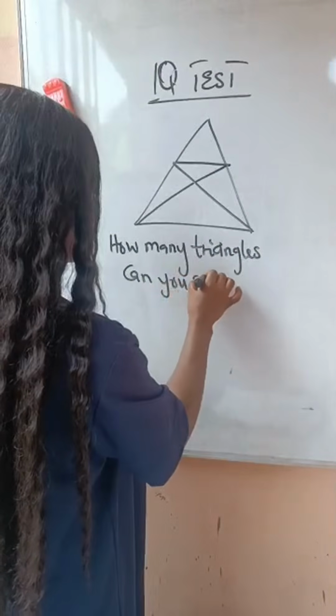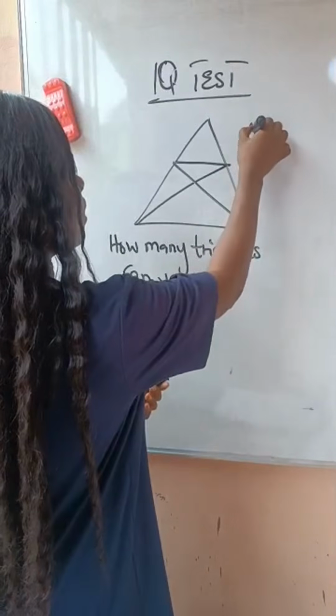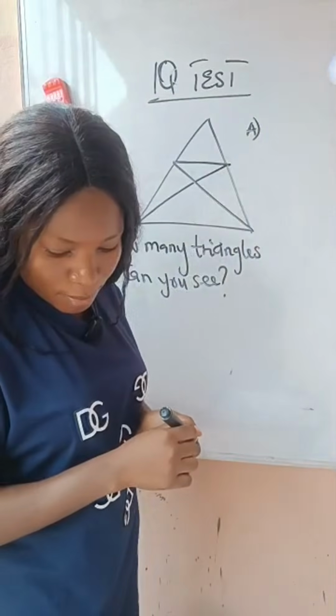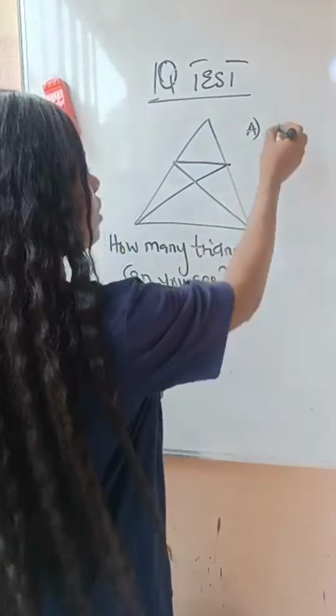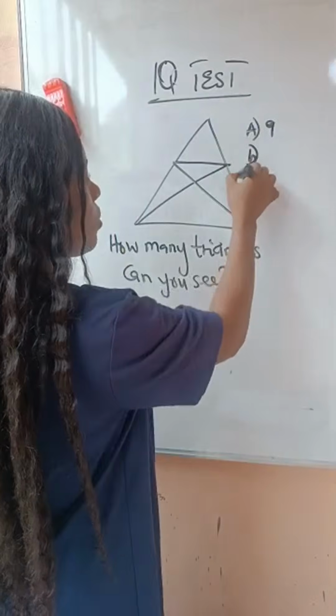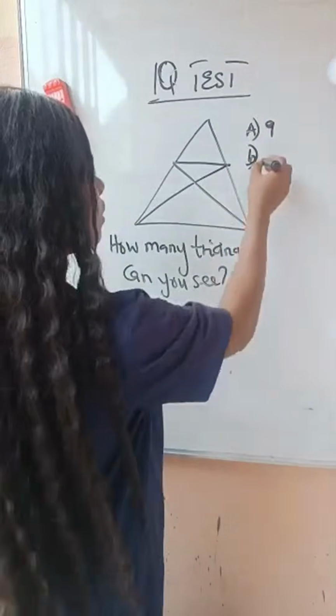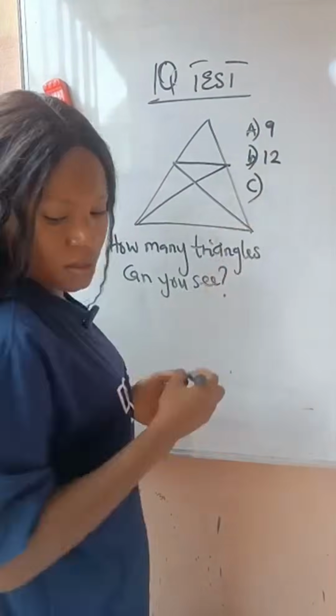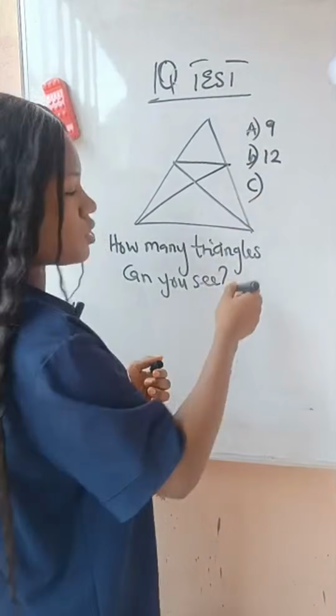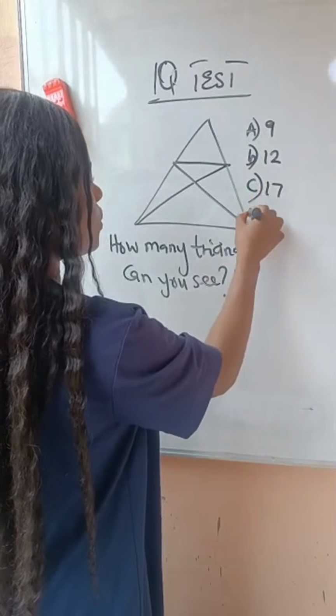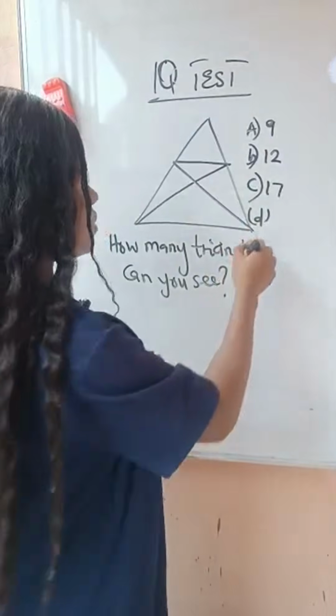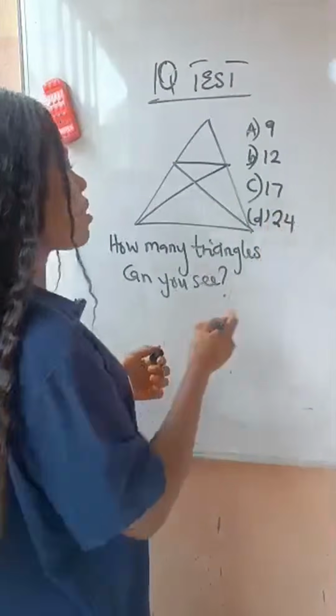And we have options. Option A says 9 triangles. Option B, 12 triangles. Option C, 17 triangles. And option D, 24 triangles.